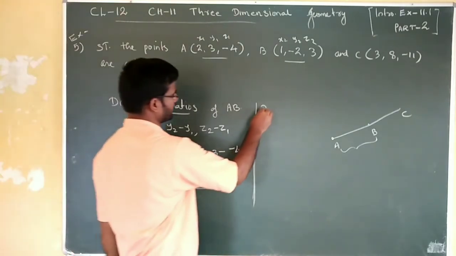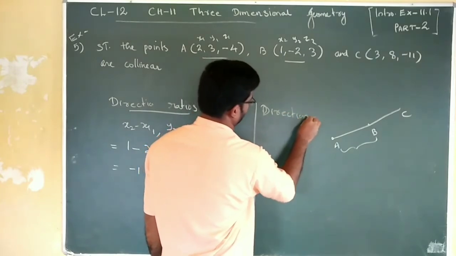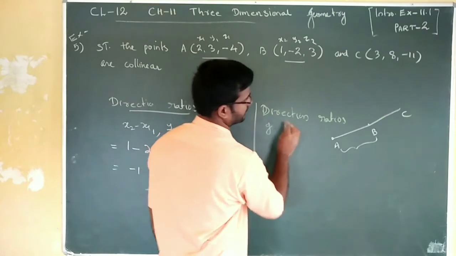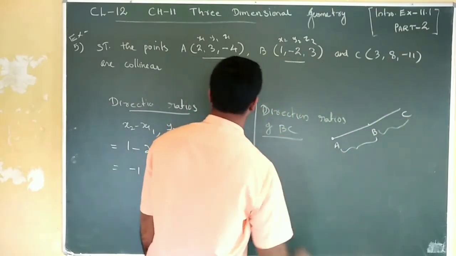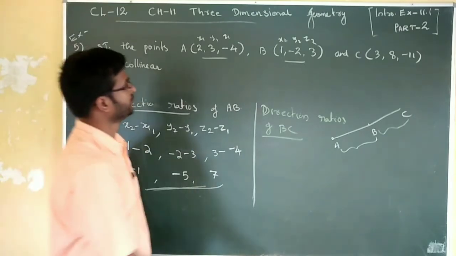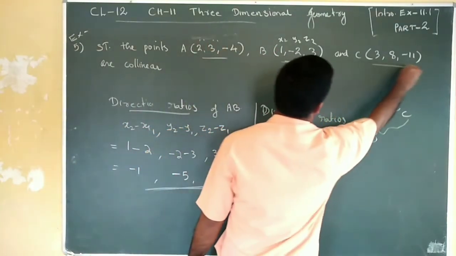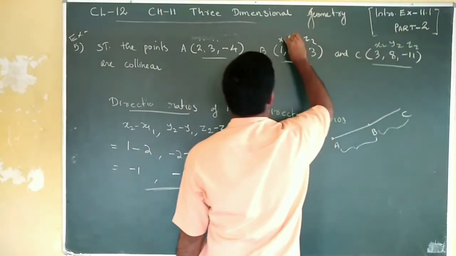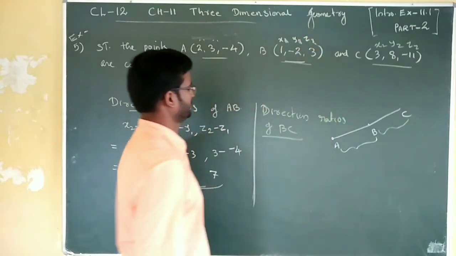We can find the direction ratios of the second pair, that is BC, B and C. This is x2, y2, z2 and this is x1, y1, z1.